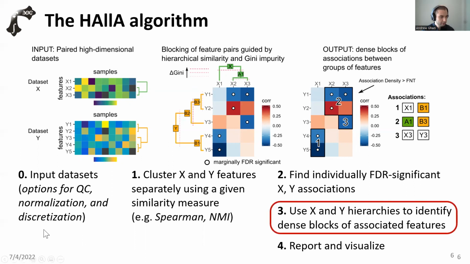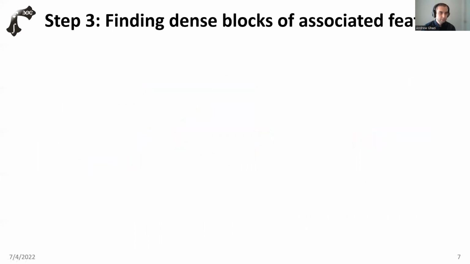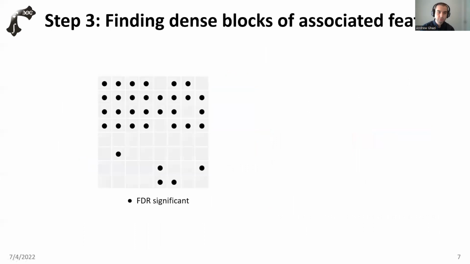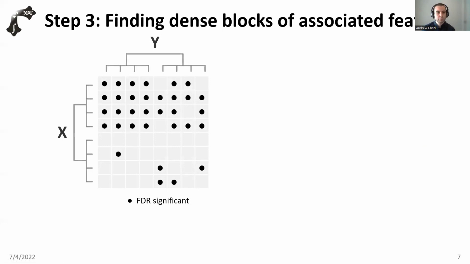And I want to dig into step 3 here a bit more, just because that's where all the magic happens. So to find the dense blocks of the associated features, we start with the all versus all association matrix, and we examine the associations in each pair of features and determine whether or not it's marginally FDR significant.